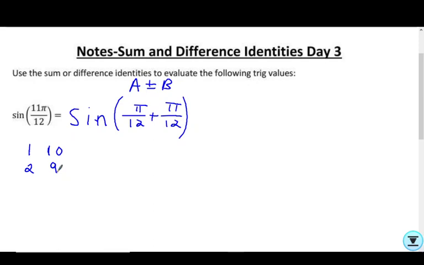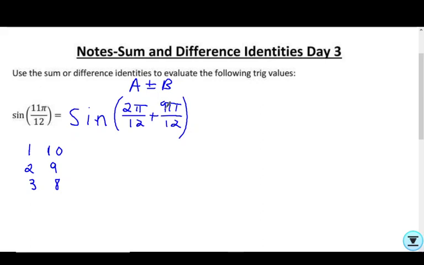Or we could use maybe 3 and 8 as well. So there's going to be a bunch of different ways of doing this, and you can split it up however you want. But I'm going to do 2 and 9 because that seems like the easiest right off the bat.